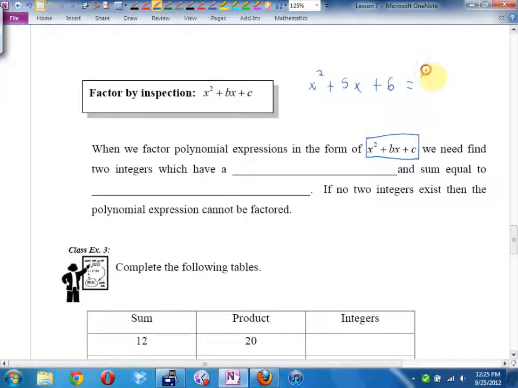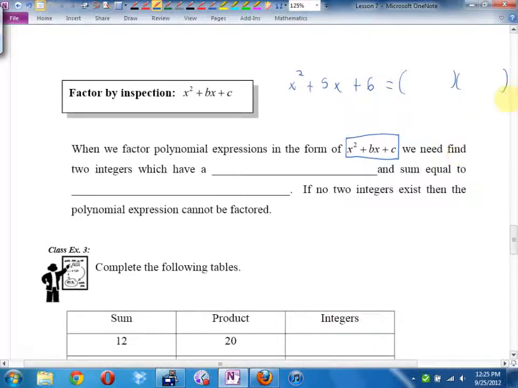You learned that you could write these as something times something, 2 binomials. Does anybody remember what the trick was to do them in your head? What you really did is you said, I'm looking for 2 numbers, 2 integers, which have a product of C. When I say the word product, what mathematical operation is that?